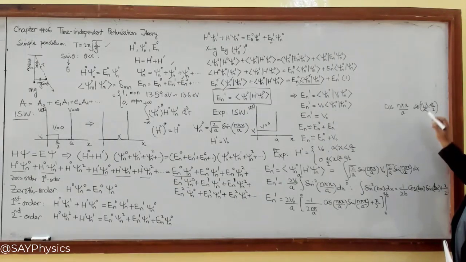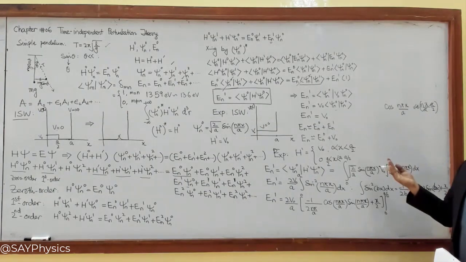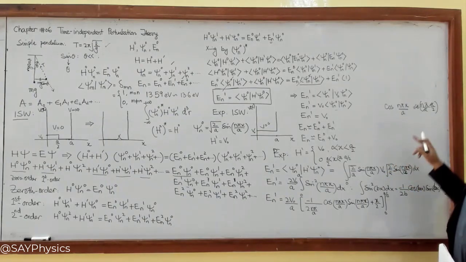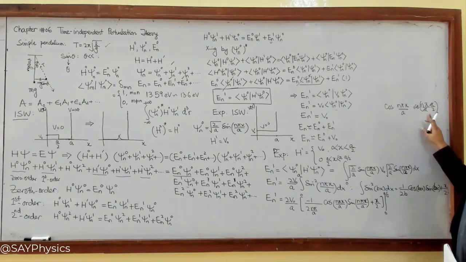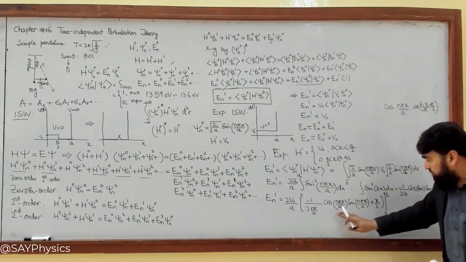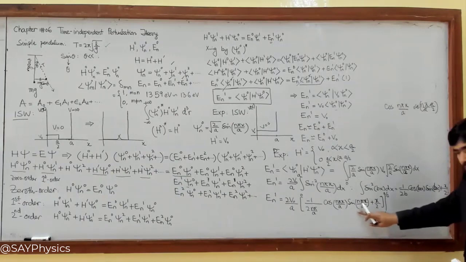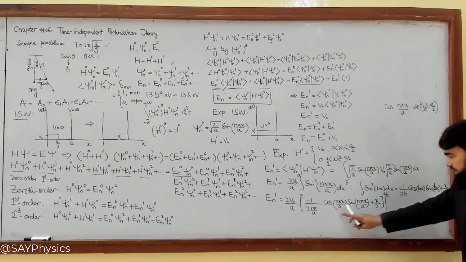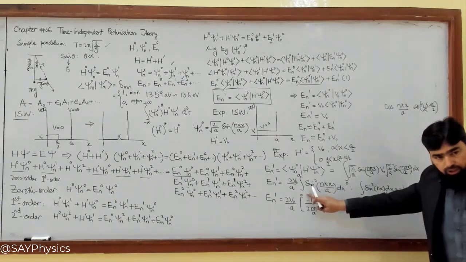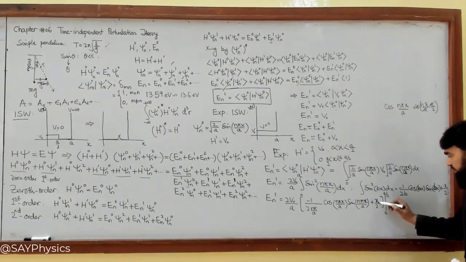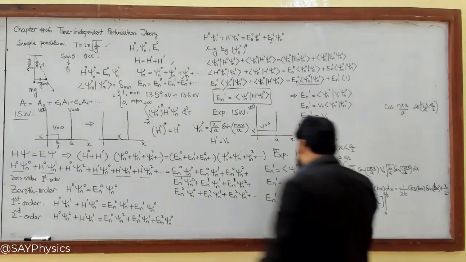So a will cancel, pi by 2, cos of pi by 2. If n is equal to 1, then cos pi by 2 is equal to 0. So I'm having for the first term this thing equal to 0. Whatever this value, it will automatically become 0 for the upper limit, and this will become x is equal to a by 2.